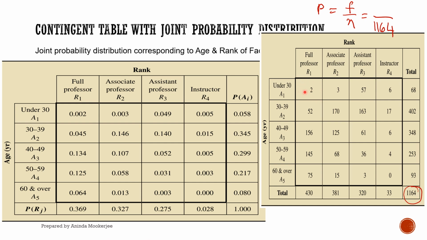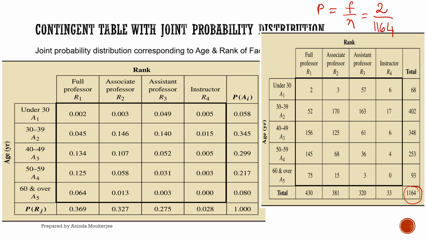And this is a joint probability that we are trying to calculate, because we are referring to two variables. What is the probability of finding someone who is under 30 as well as a full professor? That number is 2, so you're going to say 2 over 1164.